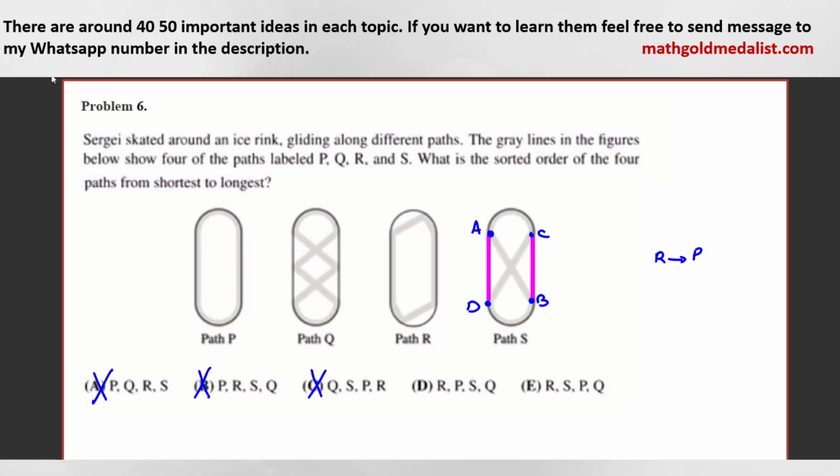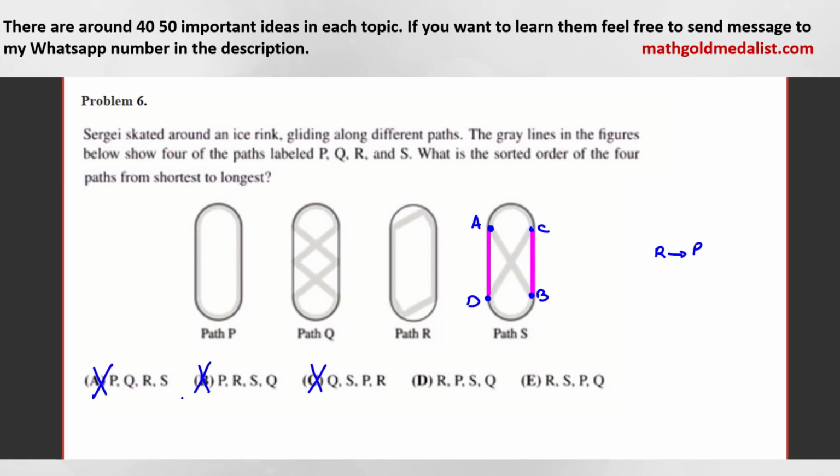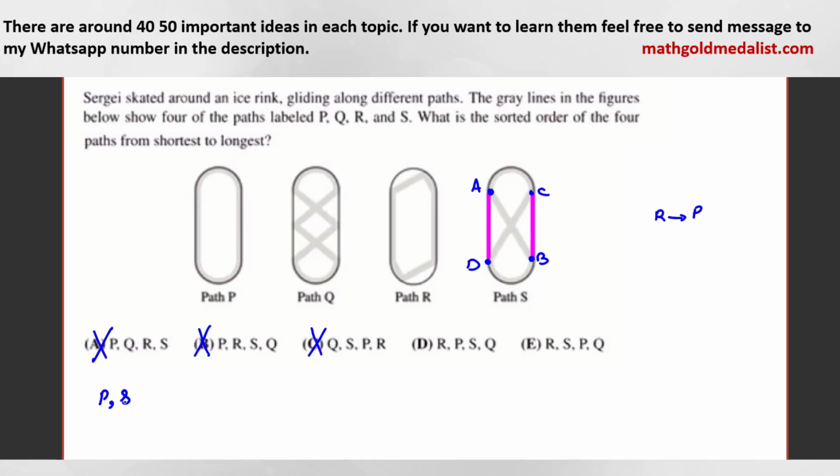So if we want to compare P and S, we should see whether AD plus BC is greater or AB plus CD. Which of them is greater?